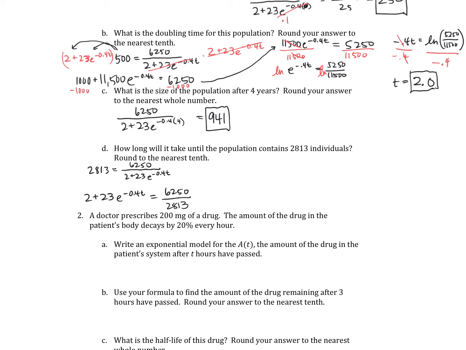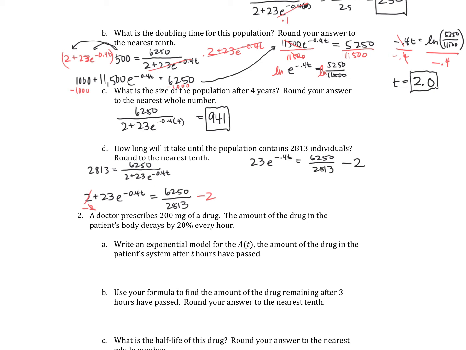So this is something that you can do. It might save you a little time. And so then you can subtract 2 from both sides. So that'll give you 23 e to the negative 0.4t is equal to that fraction minus 2.